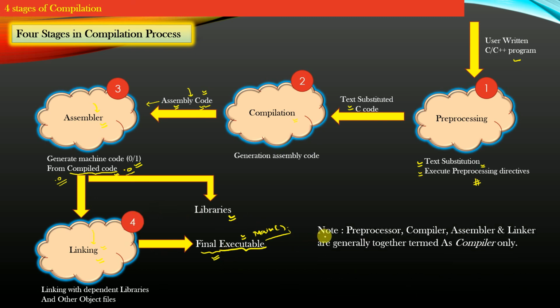Note that the preprocessor, the compiler, assembler and linker are generally together termed as the compiler only, right? So these are the four stages of the compilation process, beginning from the pre-processing stage up to the linking stage, and you should remember the sequence of these stages. Not only that, for each stage you should remember what the input to that stage is and what output that particular stage produces.